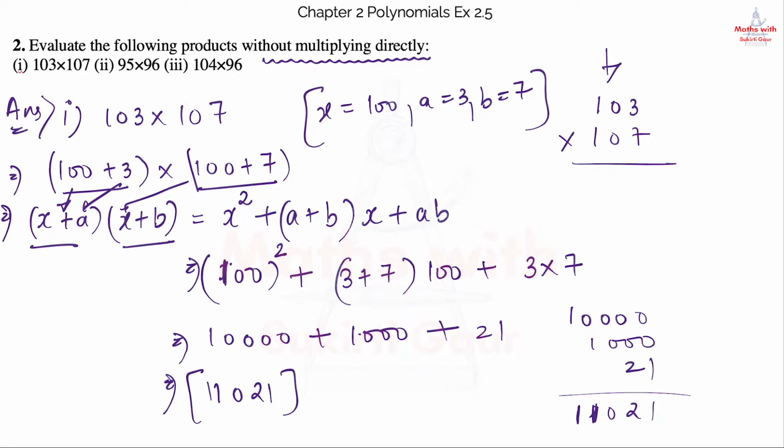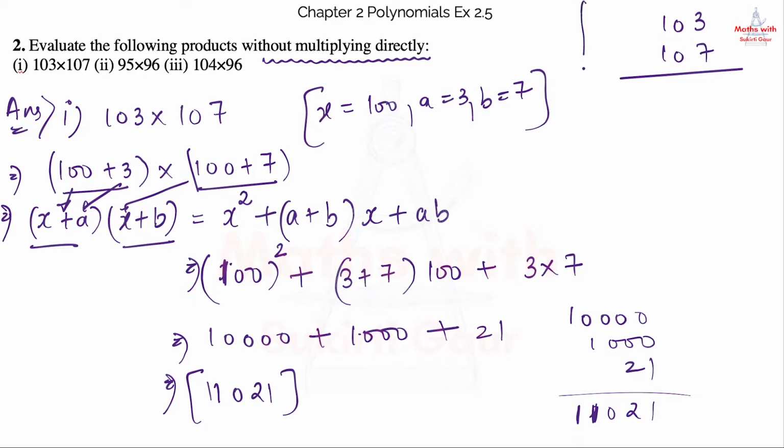So if we do the usual multiplication, can we check whether we have got the right answer? We can check like this by usual multiplication, because you can't do this in your fair copy, you have to do this in your rough part.